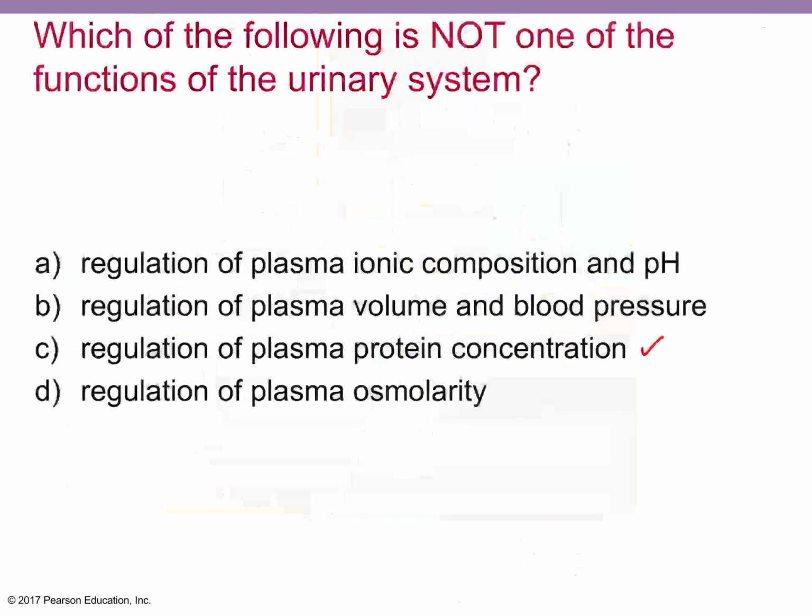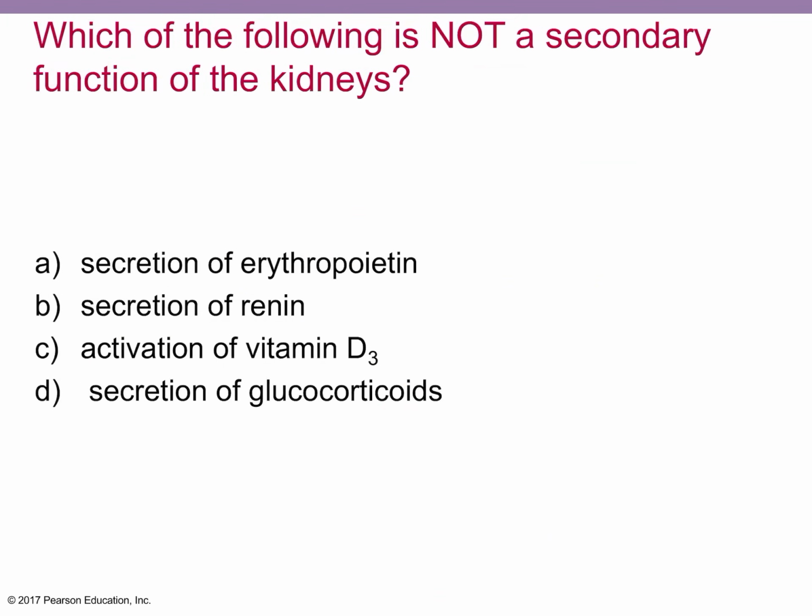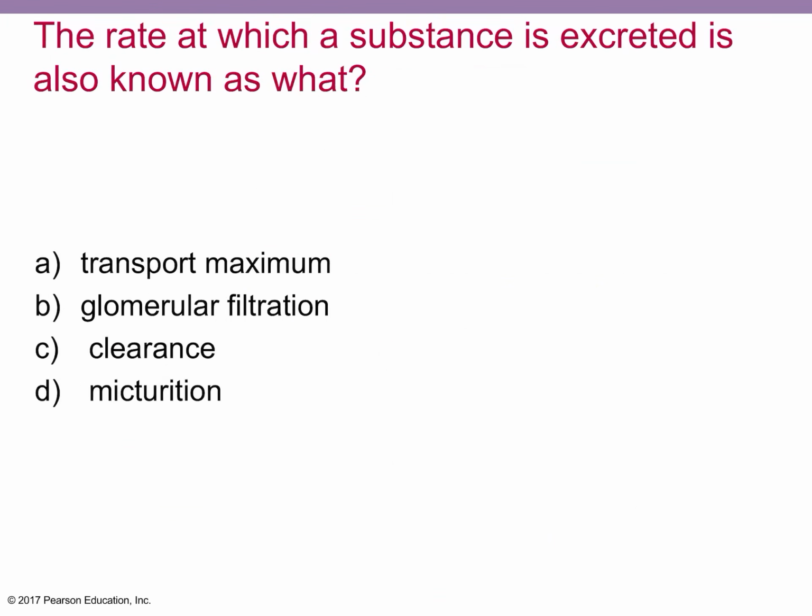All right, some review questions. Which of the following is not one of the functions of the urinary system? The answer is plasma protein. That's liver. Which of the following is not a secondary function of the kidneys? A, B, and C are.